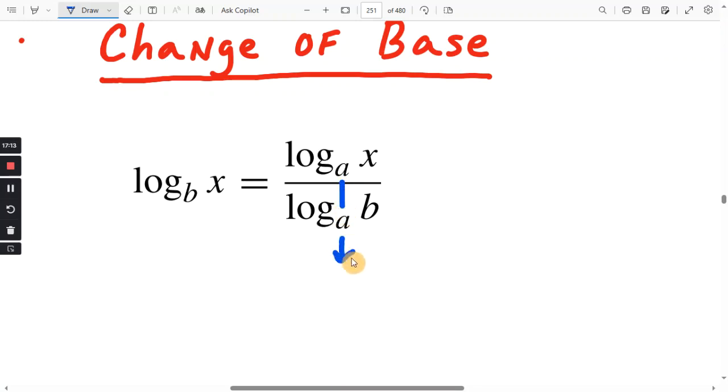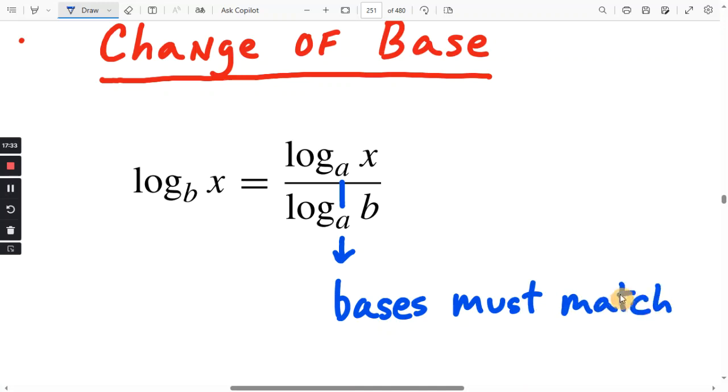So I'm going to write a little note here that the bases must match in the numerator and the denominator.